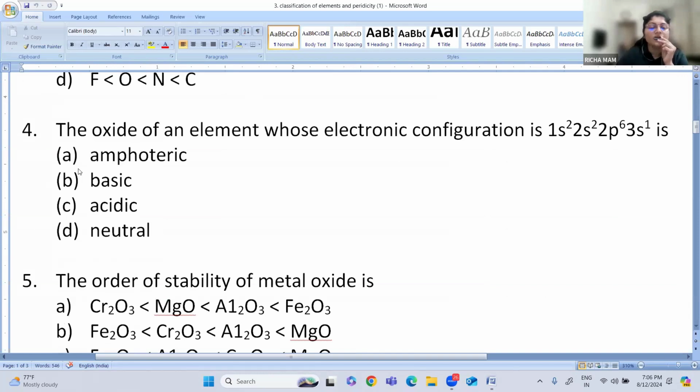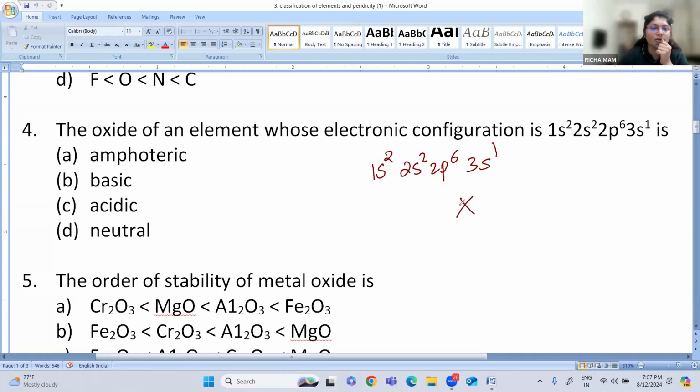The fourth one: the oxide of an element whose electronic configuration is 1s2, 2s2, 2p6, 3s1 is. Which is the element? Counting 2, 2, 6, 1 gives 11.